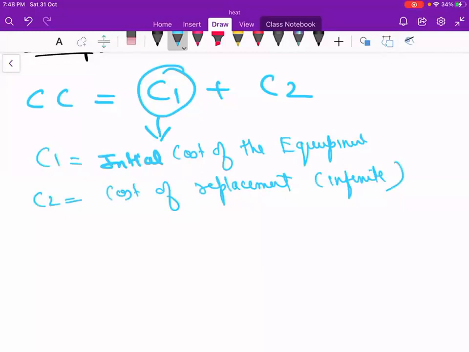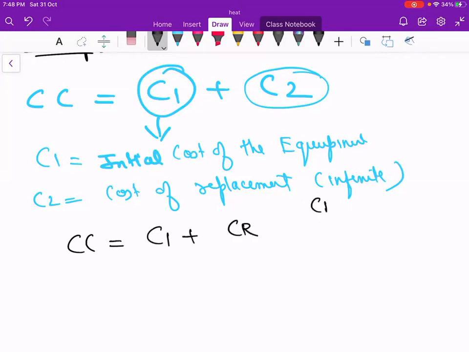So everyone is now getting this. In future, how much money do you want? In future you want money equal to the cost of replacement. So the formula is CC, that is capitalized cost, equals C1, that is the initial cost, plus CR.